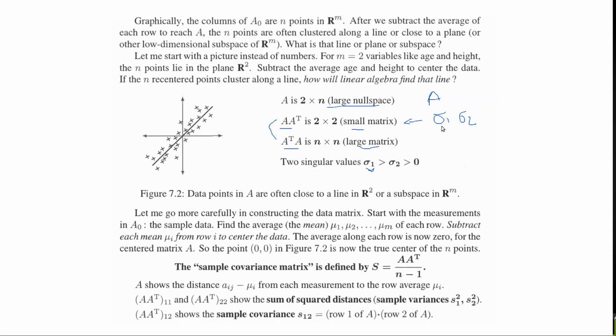So it will have two singular values, and this will have n singular values, but most of them will be 0. So the information contained in this small 2 by 2 matrix is the same information that is contained in this large n by n A transpose A matrix.